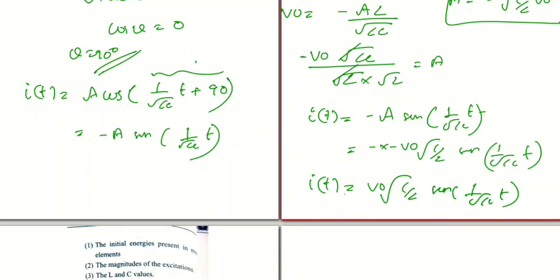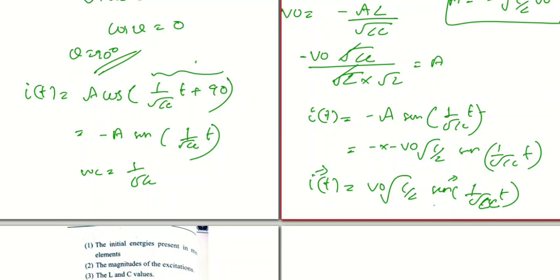From here we have to find out if this circulating current is dependent upon frequency in any way. See here, I of t is not inversely proportional or directly proportional to our resonant frequency. We know that resonant frequency is 1 divided by root LC, which is inside our sine.